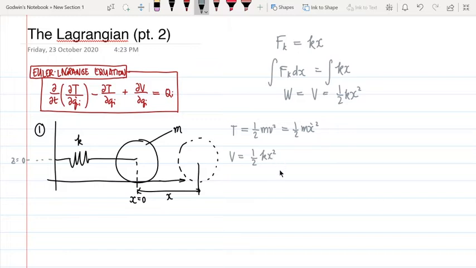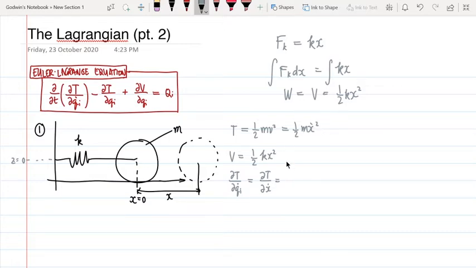And so, what we'll do is put them into the Euler-Lagrange equation. So first, let's start off with what partial of T over partial of q_i dot is. What is q_i dot? That is just x dot, right? And so if we're going to treat our x dot as a variable, it's squared.